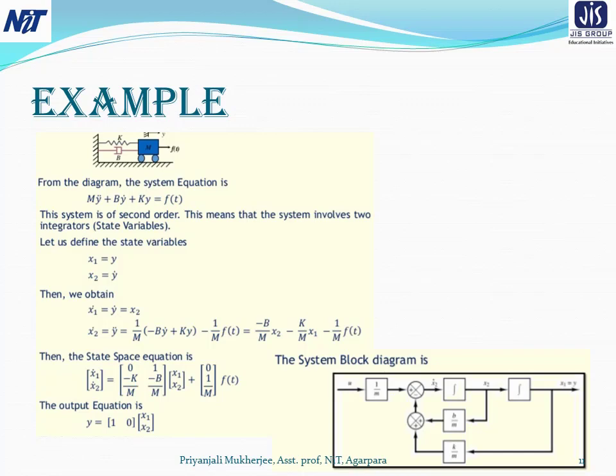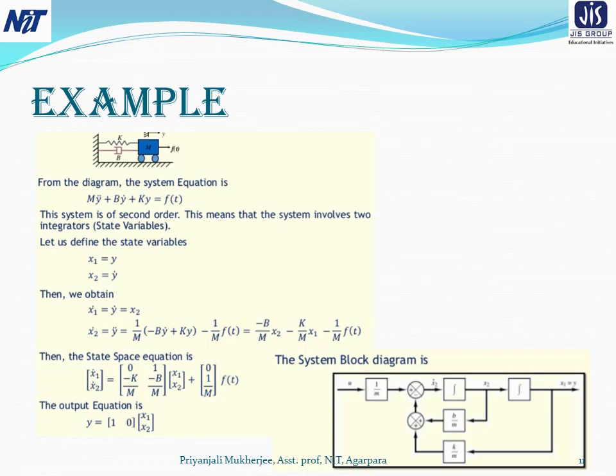These are the two equations, and we will write the state equation and the output equation from them. We know that the state equation is x dot t equals A x plus B u, and the output equation is y equals C x plus D u.